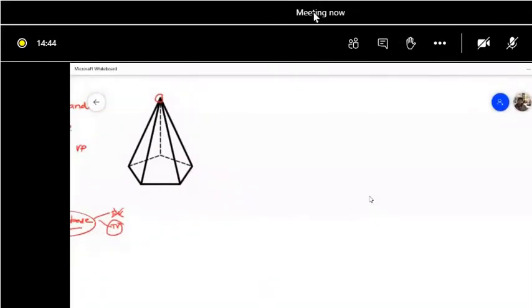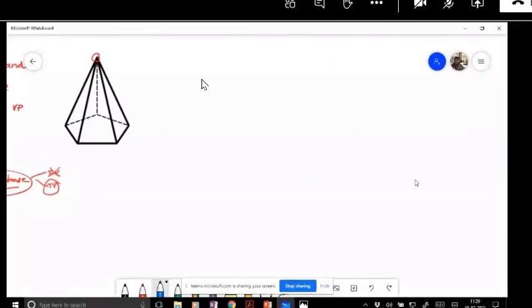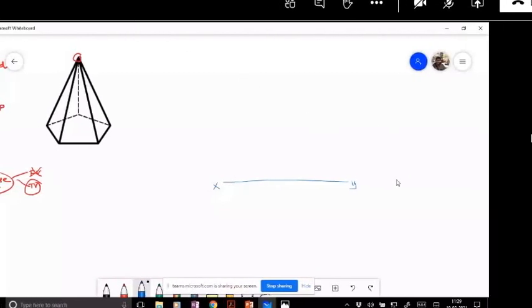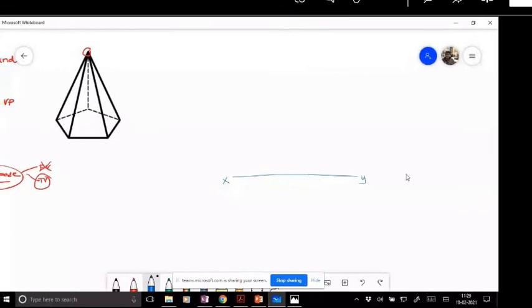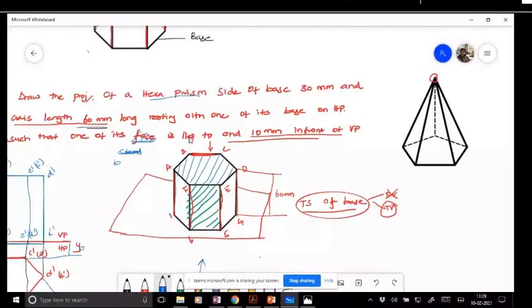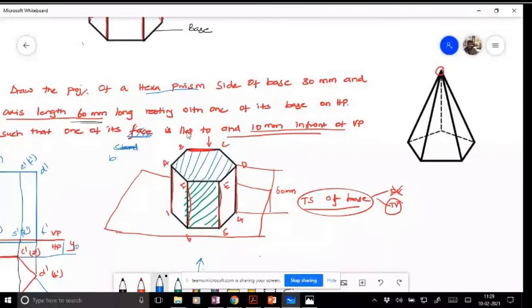So the true shape will be visible in which view? Top view, right? As per this question, one of its base edges is parallel to XY and 10 mm in front of it.